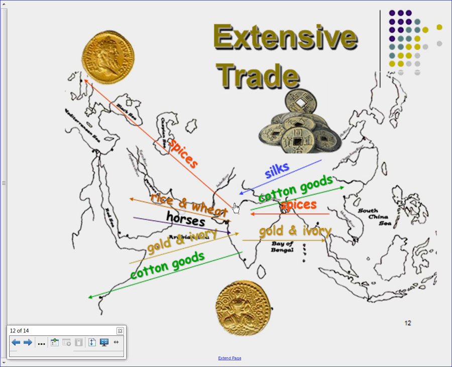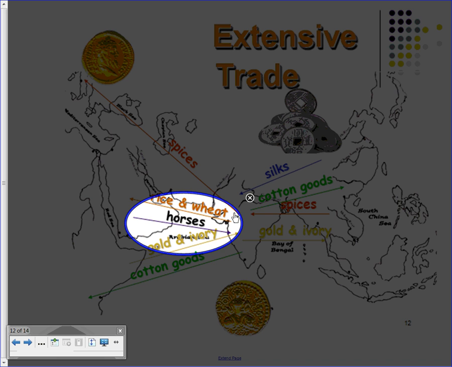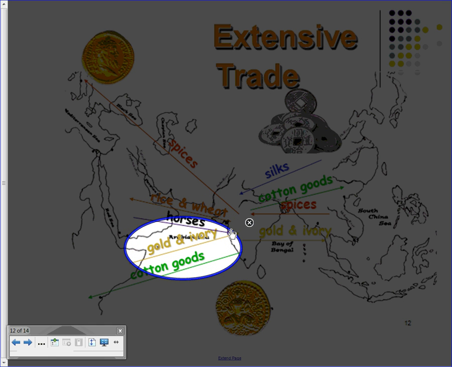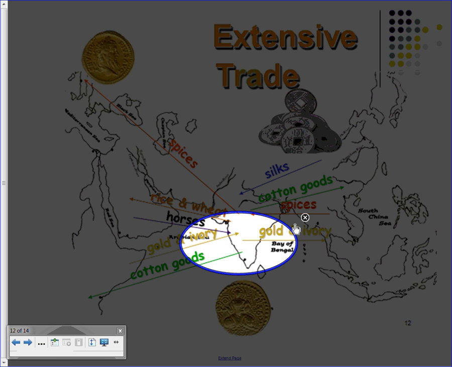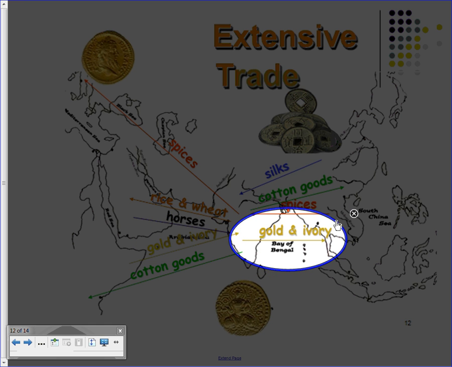From the Arabian Peninsula to India, they were sending a lot of horses. And from Africa, you had a lot of gold and ivory coming into India.